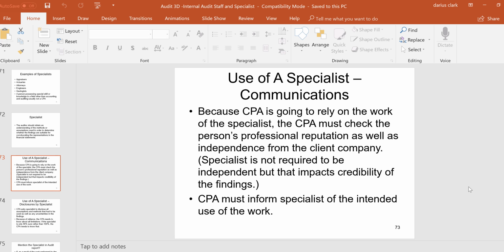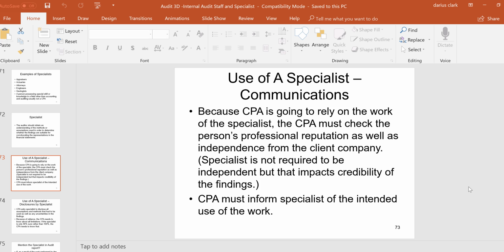This means on 73, because the CPA is going to rely on the work of the specialist, the CPA must check the person's professional reputation as well as independence from the client company. So if this specialist happens to work for the client or know the client very well, this would impact the credibility of the specialist's findings.